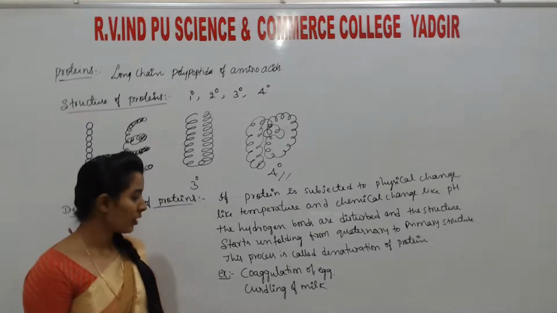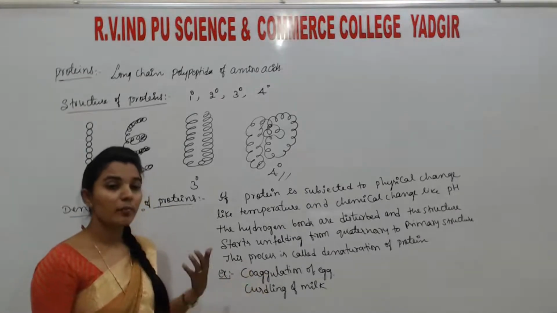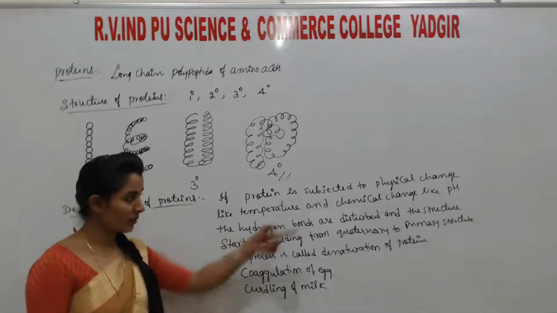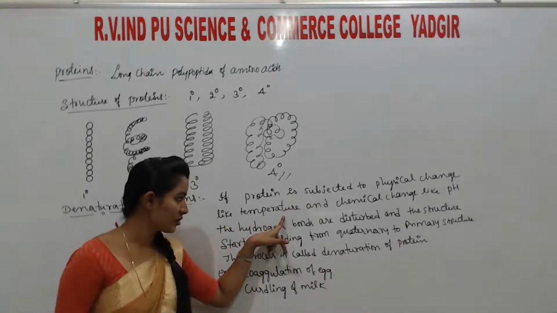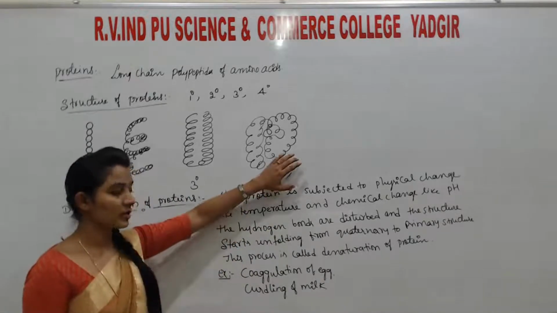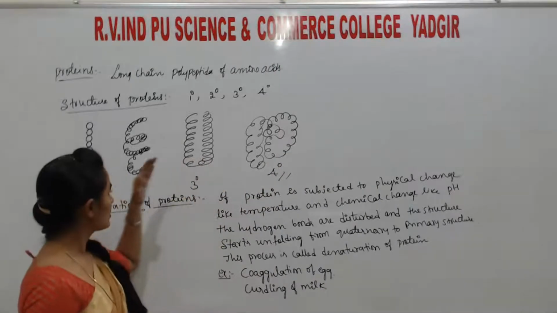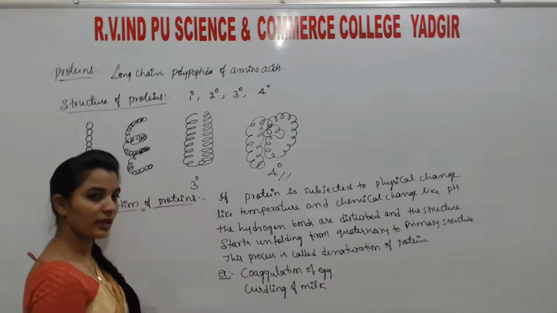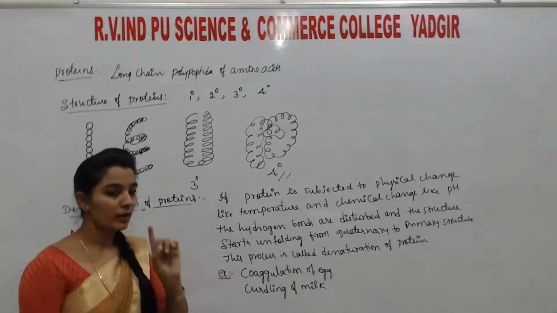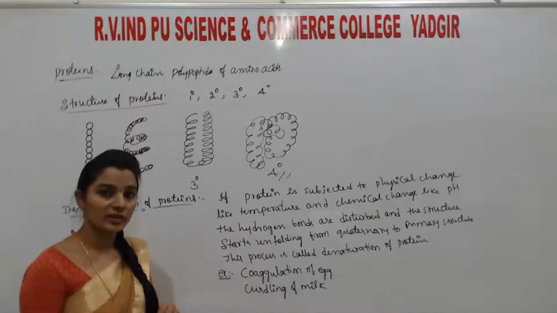Albumin. If that albumin is boiled at a greater temperature, means as I told you the physical change, temperature increases, then the albumin structure, which is quaternary, changes to tertiary, changes to secondary, finally changes to primary. When it completely changes to primary structure, then it solidifies.